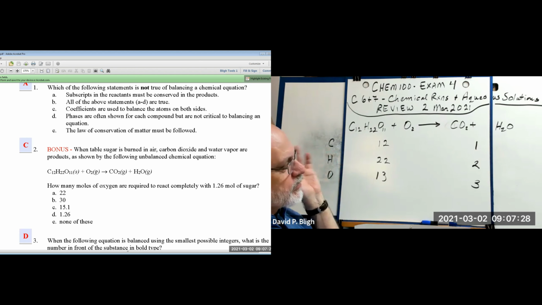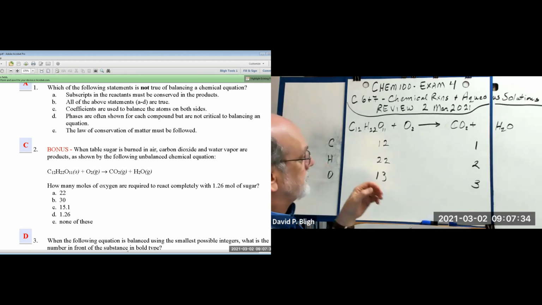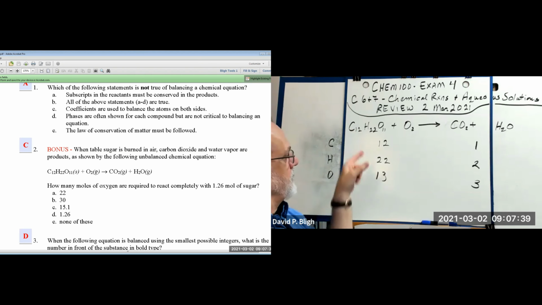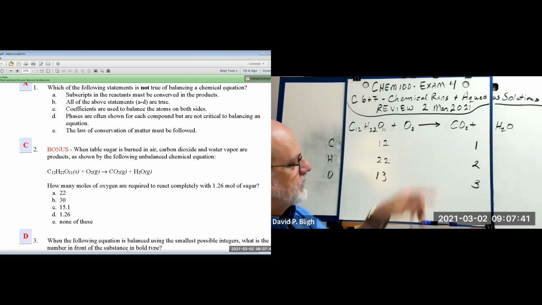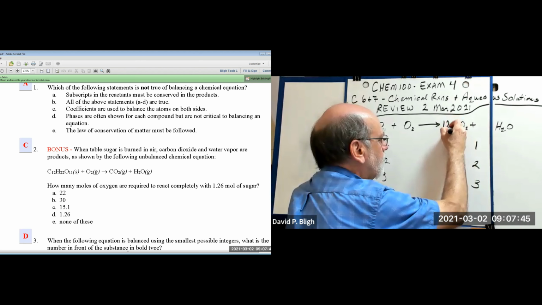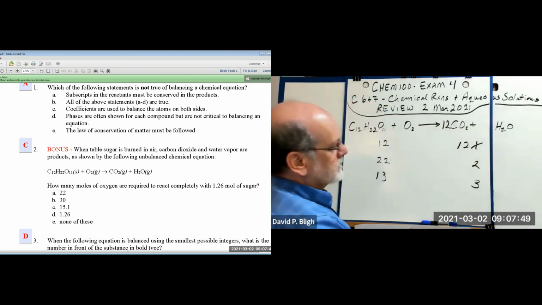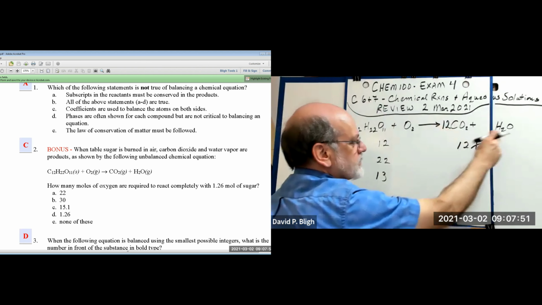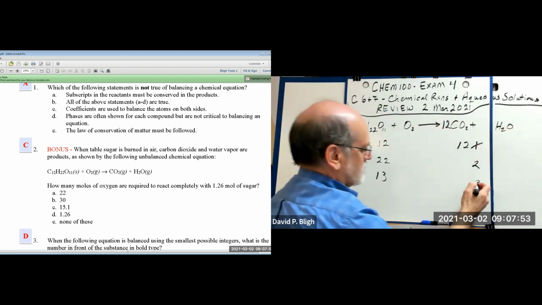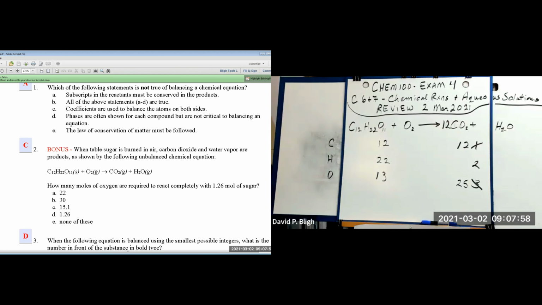If you don't see any obvious place to start, and that's only gained from experience, then just start at the top. So we have 12 carbons here. What if we need 12 carbons over here? Right. So that gives us 12 carbons. It also gives us 24 oxygens, 25 oxygens. Okay.